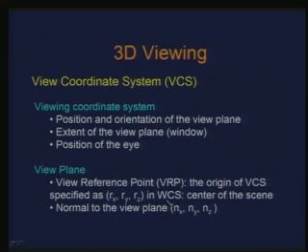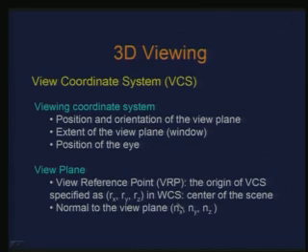So, this VRP is some sort of an offset with respect to the origin of the world coordinate system, which locates the viewing plane, or the origin of the viewing coordinate system.